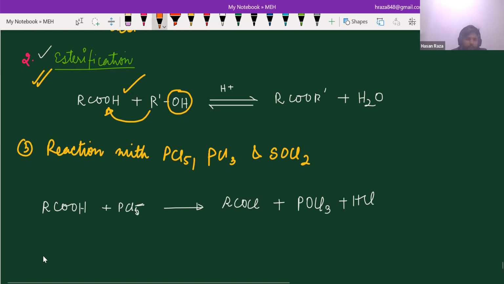If you react the carboxylic acid with PCl3, then you will get 3 moles of RCOCl along with phosphorus acid, H3PO3.